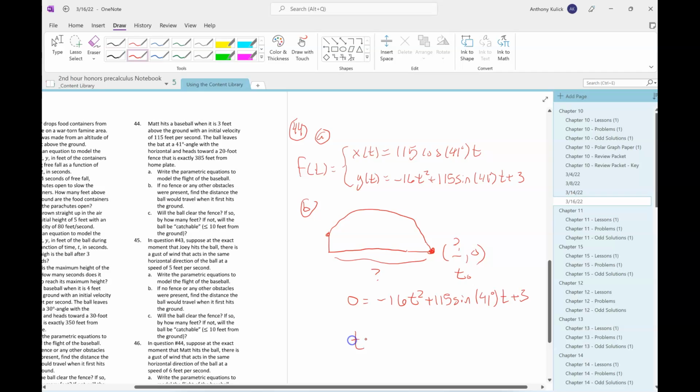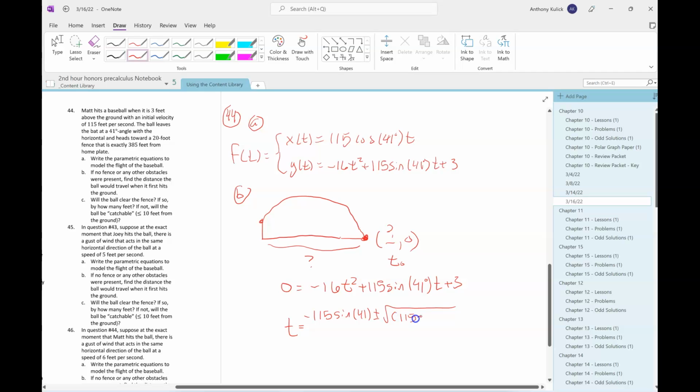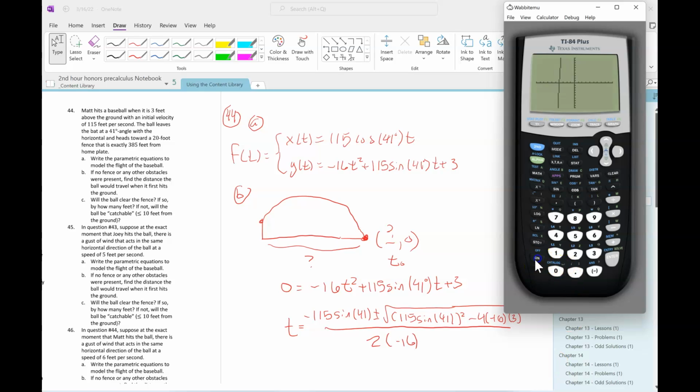So to solve this, it's a quadratic equation. I'm going to use the quadratic formula. So negative b plus or minus square root b squared minus 4ac, all over 2 times a. Calculator time now. I like to do alpha y equals to get the fraction bar because I think it makes it a little bit easier than having to deal with all the parentheses.